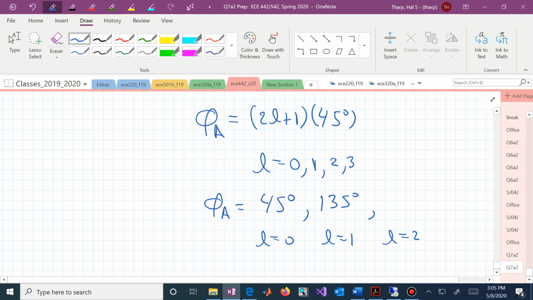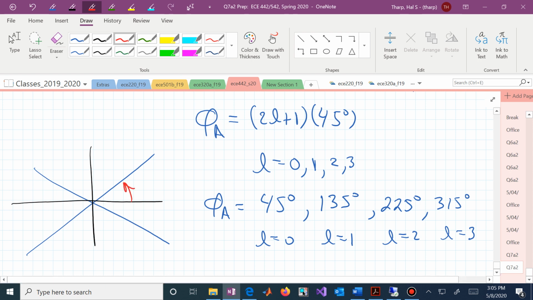When L is equal to 2, we have 4 plus 1, or 5 times 45. So 5 times 40 is 200, and then another 5 times 5, or 25, so this is 225. And these all should be symmetric, and they are giving us what we would expect. And then we have 7 times 45, that's 280 plus 35, or 315. So our asymptotes are there with these angles.